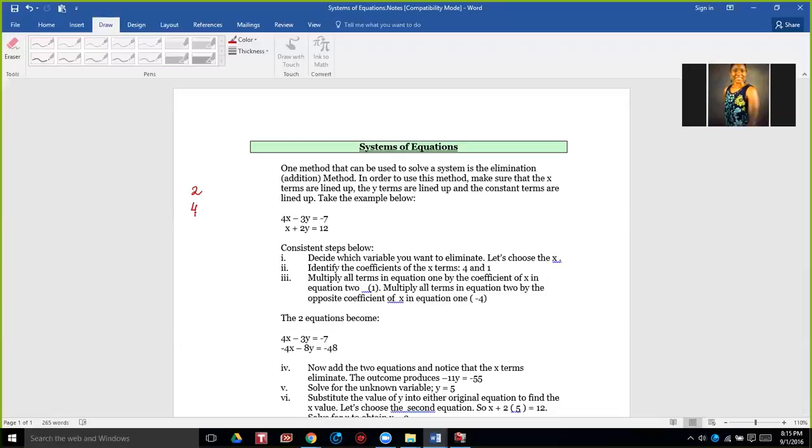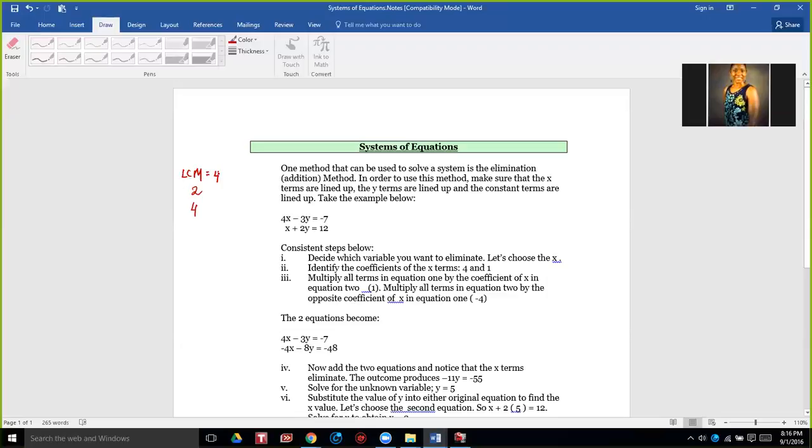Basically, what we're applying is the least common multiple. So we found a least common multiple of 2 and 4, which is the number that both 2 and 4 will divide into. That's going to help us out. So we know that the least common multiple is 4.